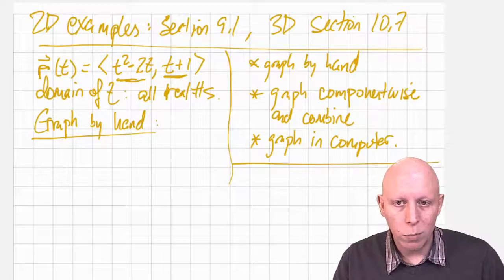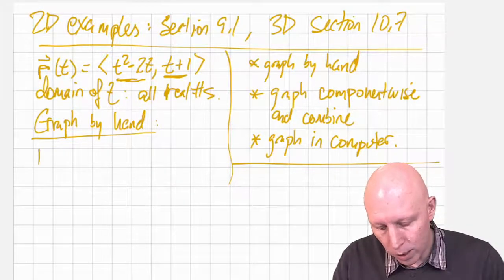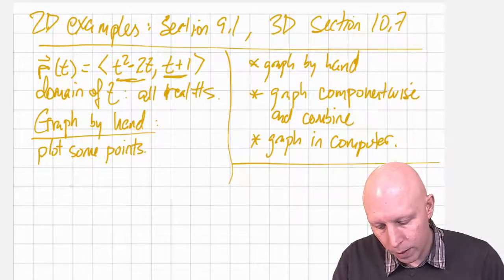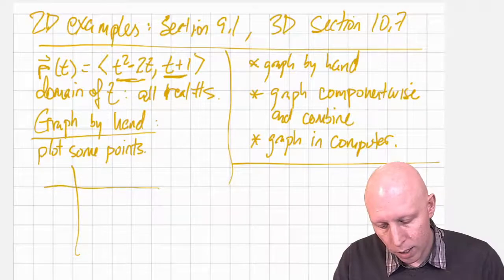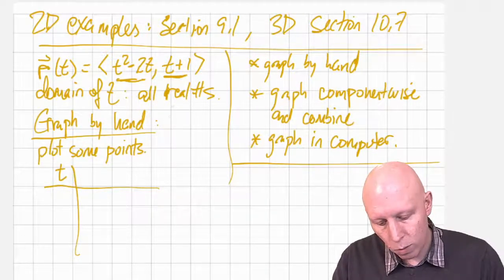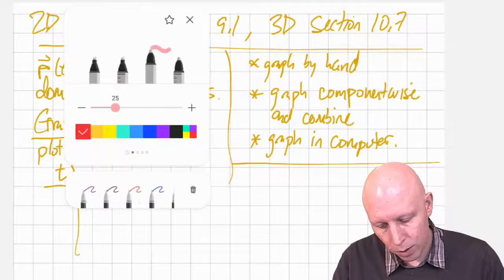Okay, and let's graph it by hand. All right, so to graph by hand, let's plot some points. Remember, now we have a t. Why don't we write this down? Let's choose some colors here.